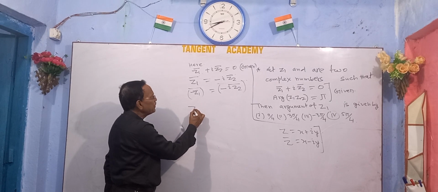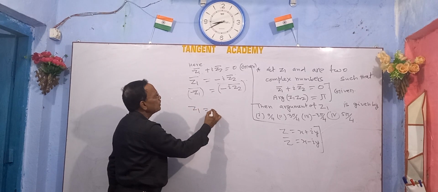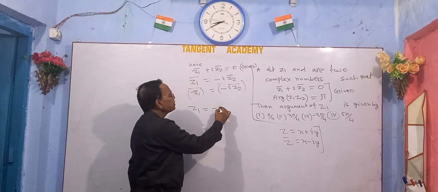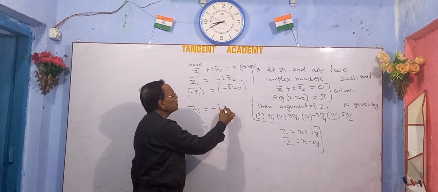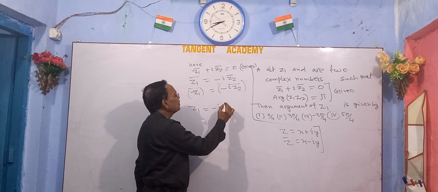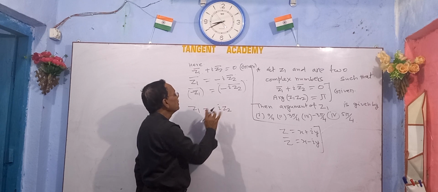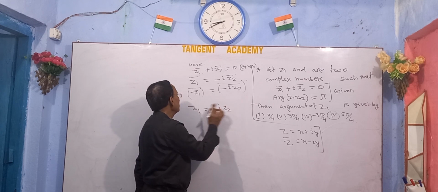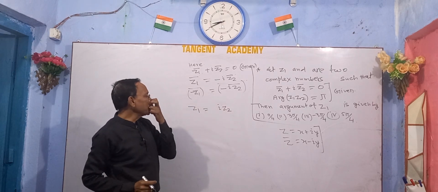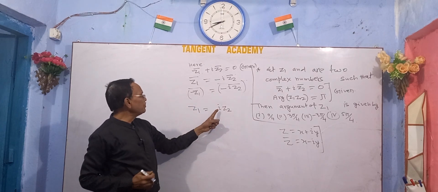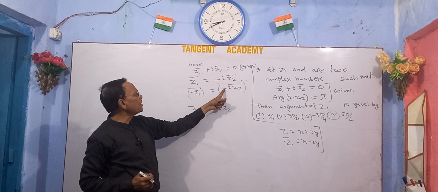So it will give you Z1 is equal to minus iota times Z2 bar bar, iota times Z2.